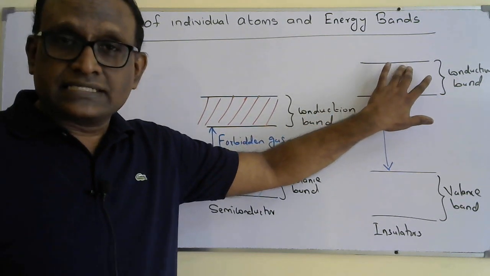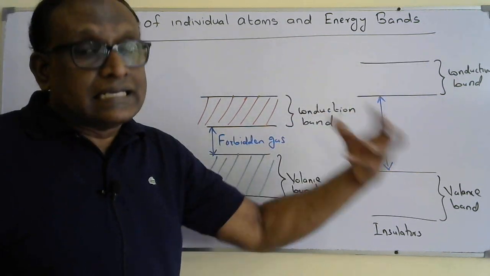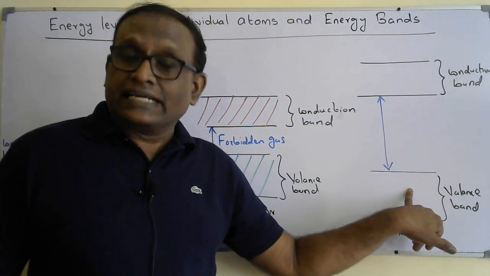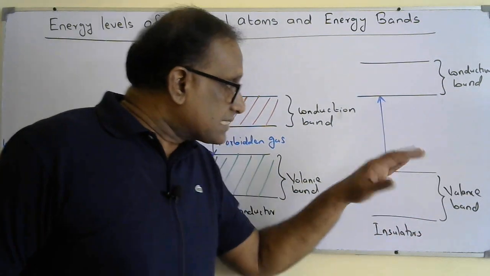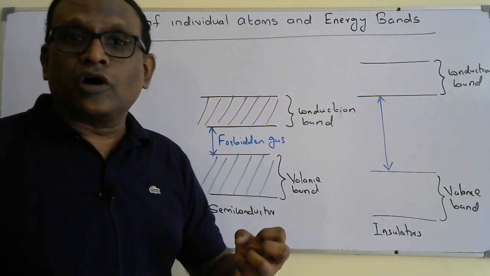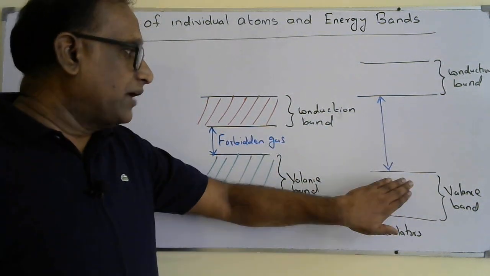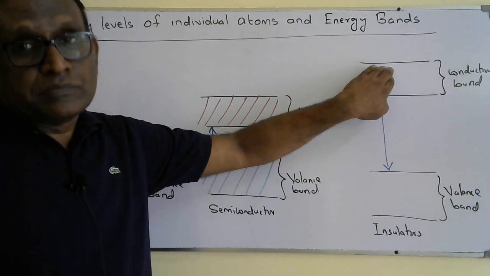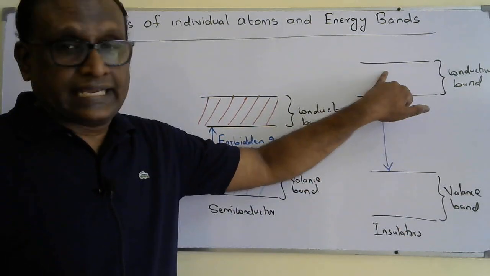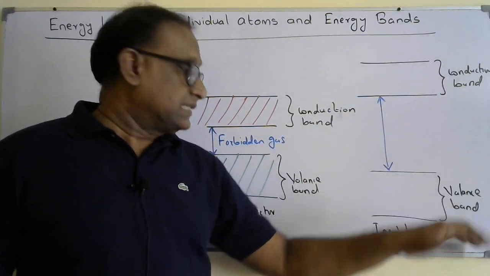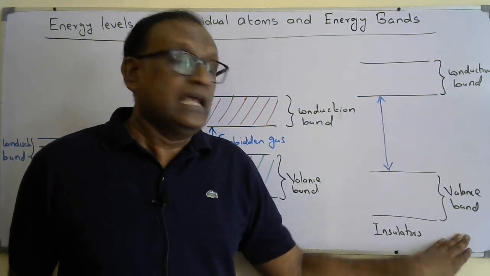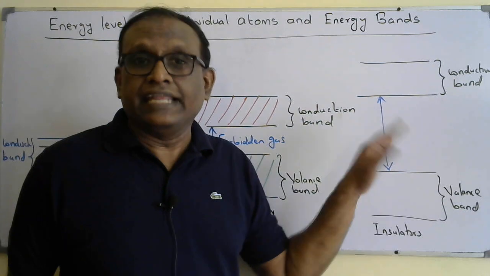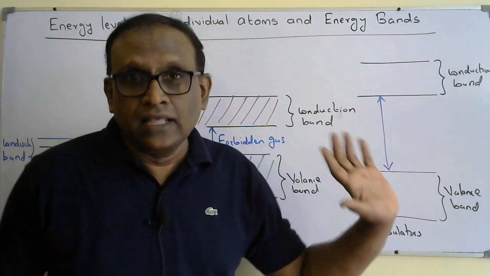So insulators won't be able to conduct electricity even at higher temperature, because the electrons cannot be excited by absorbing thermal energy. Before they are excited due to high temperature, the insulator might be burned. That's the reason insulators won't be involved in electrical conduction.